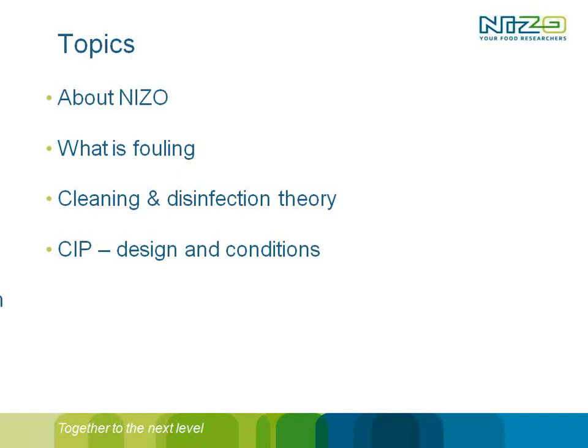CIP design and conditions: what's important when you buy or make a new CIP installation. Cleaning optimization, which is not only about optimization of the CIP, but also about prevention of fouling. Especially this part will be presented by Martijn Fox. And finally, we will close with a short resume of what we have discussed during this hour.